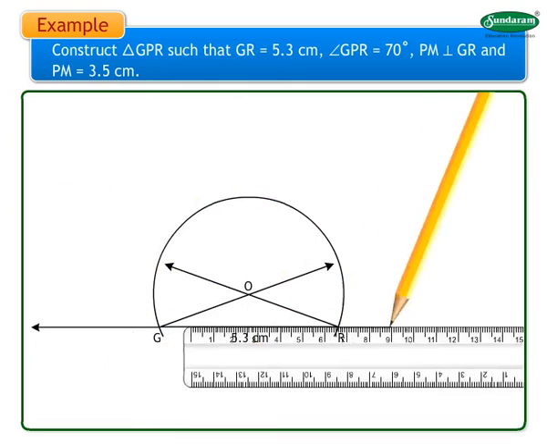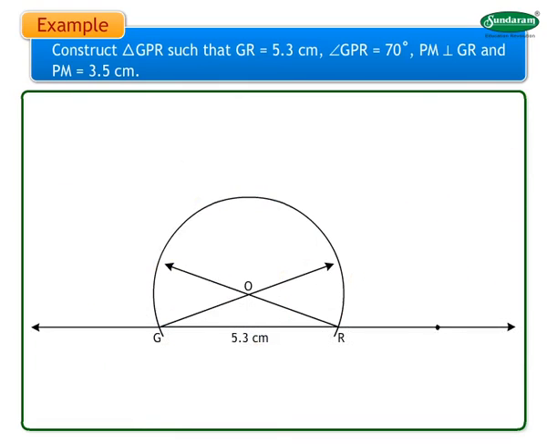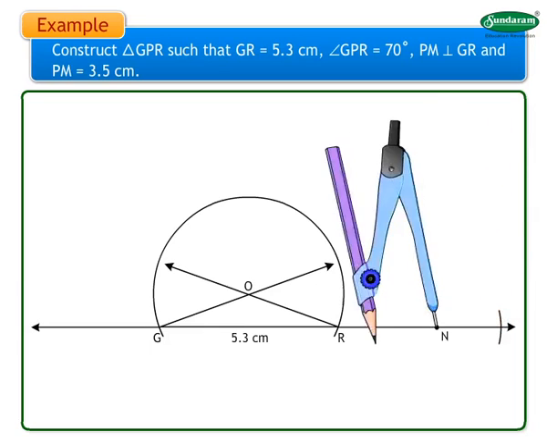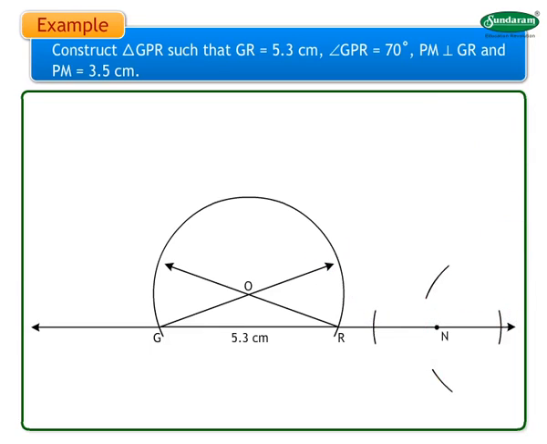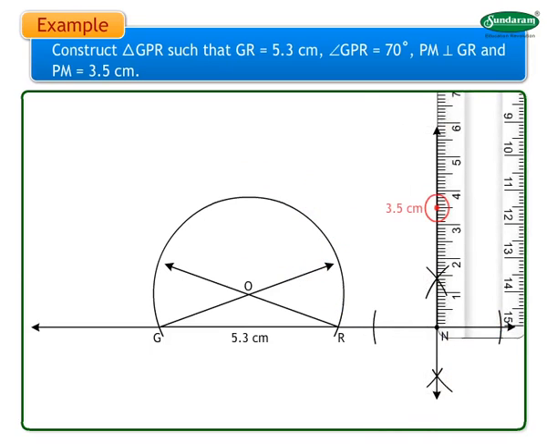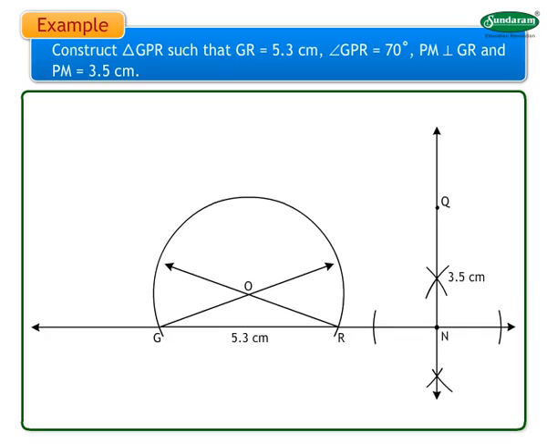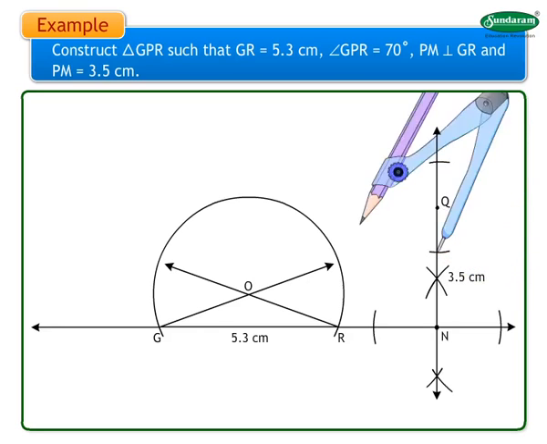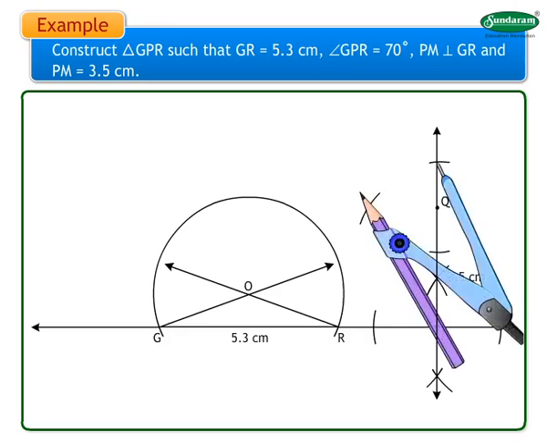Extend the segment GR and take any point N on it. Draw a perpendicular line through point N. Take a point Q on the perpendicular such that NQ is equal to 3.5 centimeters. Then draw a line L parallel to segment GR through point Q.